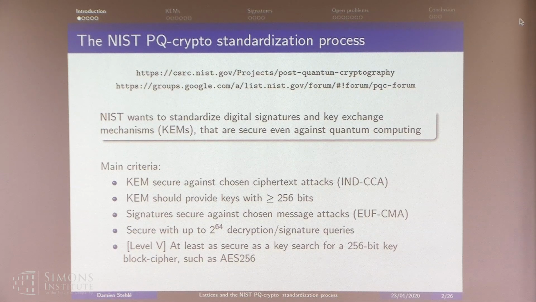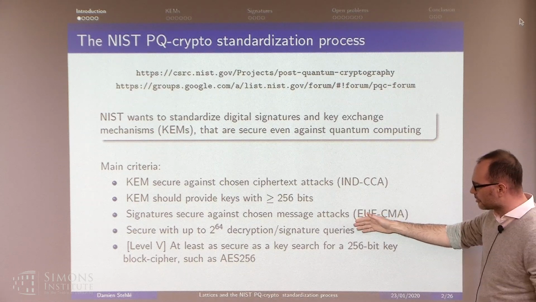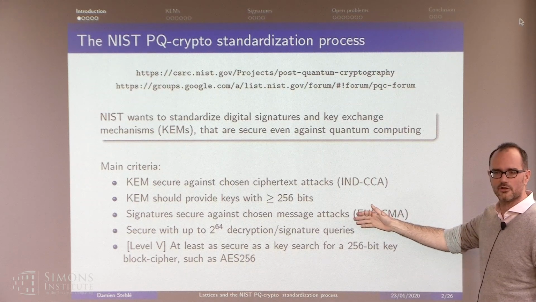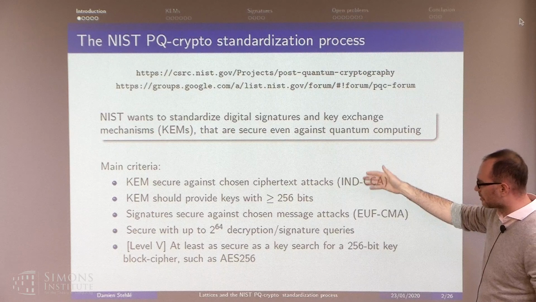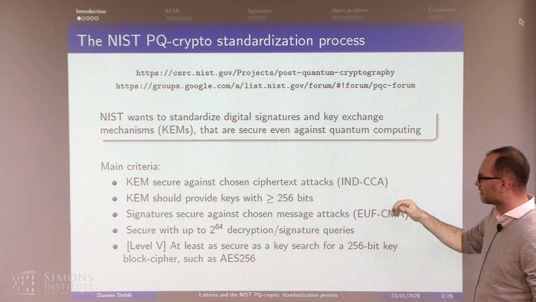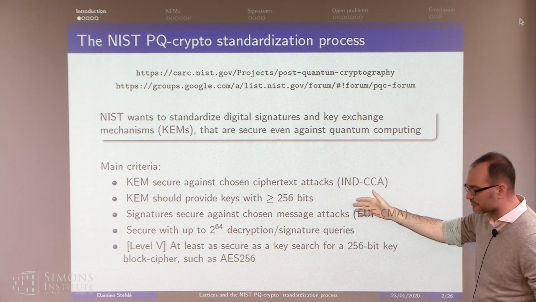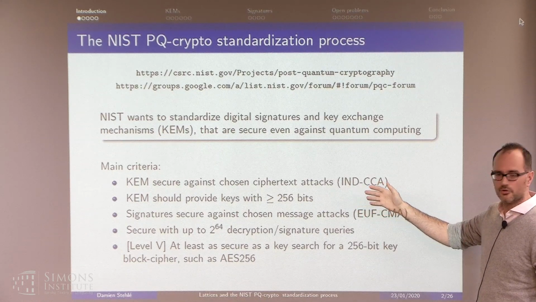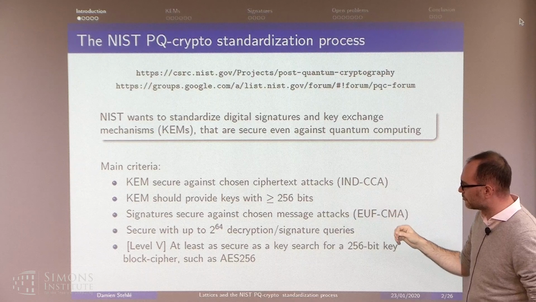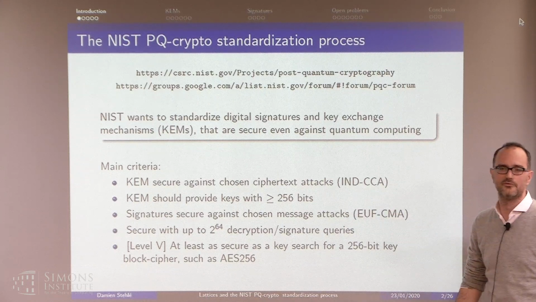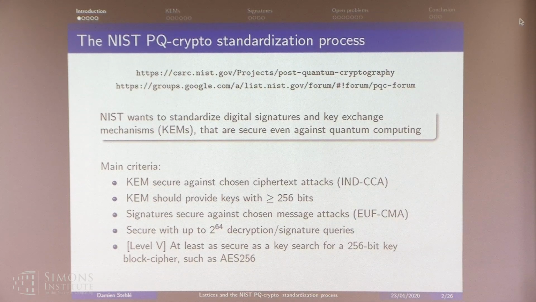And for both of them, there is a bound on the number of queries that the attacker can make. So in a CCA model of attacks, the attacker can make decryption queries. For the signatures, it can make signature queries. So NIST bounds the number of queries to 2 to the 64. So that's a concrete bound on the number of queries that the attacker is allowed to make.